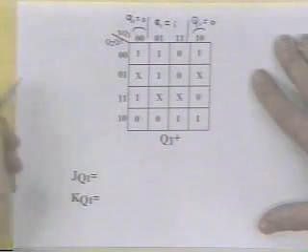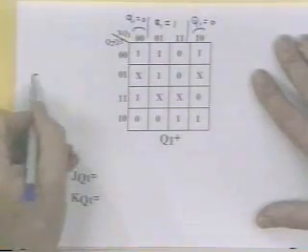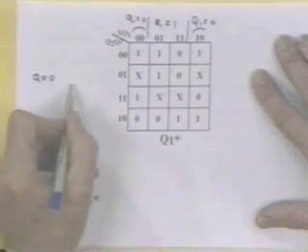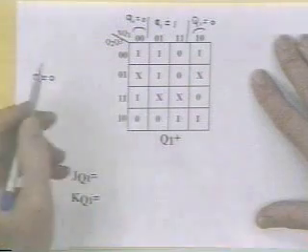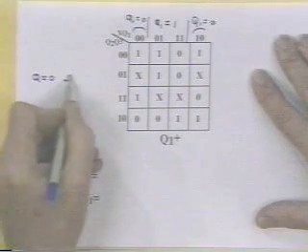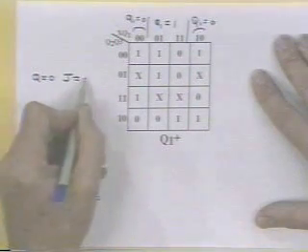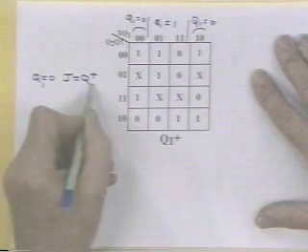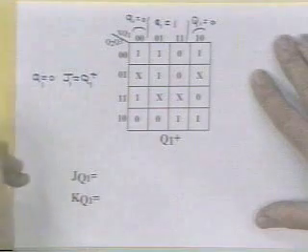Now for the JK flip-flop, remember when Q is equal to 0, whenever the next state is 1, J must be 1. So J is equal to the next state, Q plus. In this case, this is Q1 and Q1 plus.